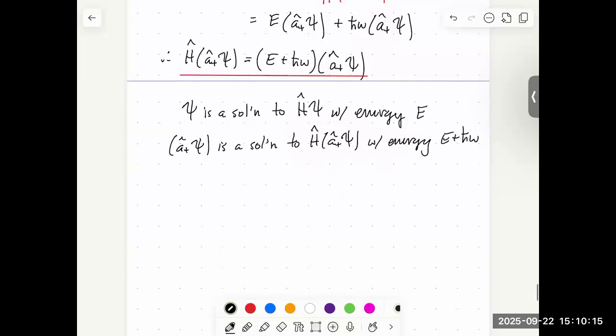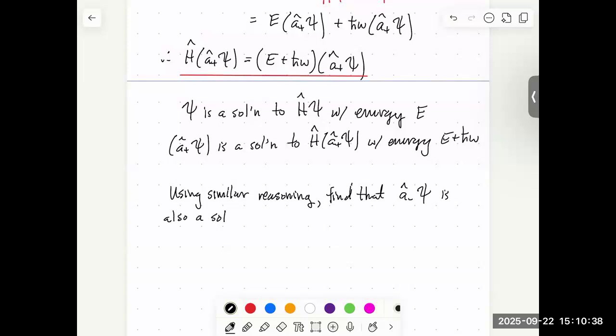Okay, so using similar reasoning, we would find that A minus hat acting on psi is also a solution to our time independent Schrodinger equation with an energy E minus h bar omega.